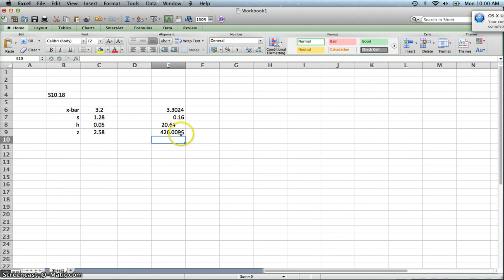But basically what we're saying is we would have to do 426 observations to meet these parameters, to be 99% sure that we captured the distribution, to be within 5% of the true value based on what we sampled, based on the X bar, the average, and the standard deviation for the items we sampled. And that's how you calculate then the number of observations you need to make in regards to time studies based on these parameters.